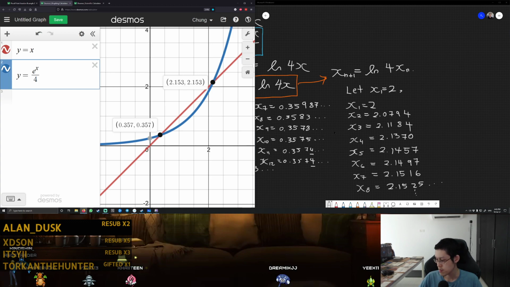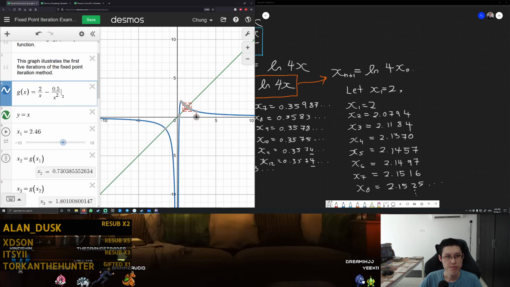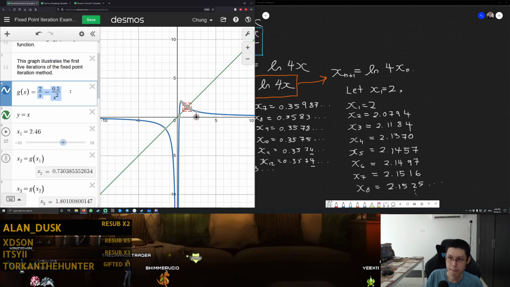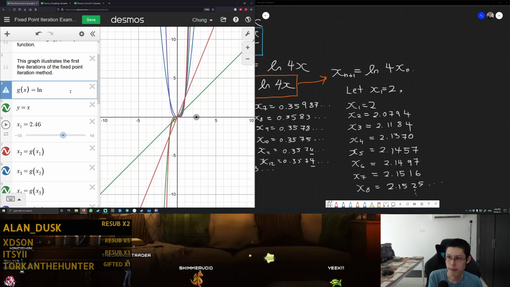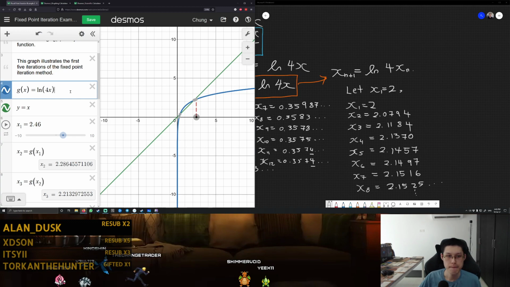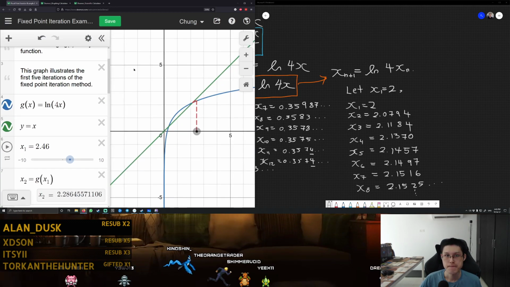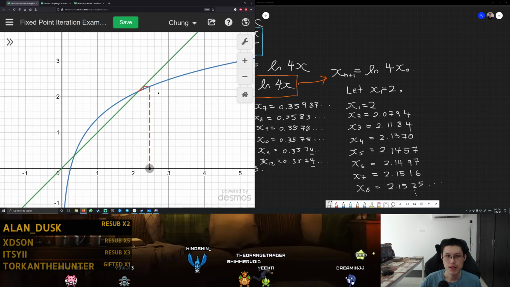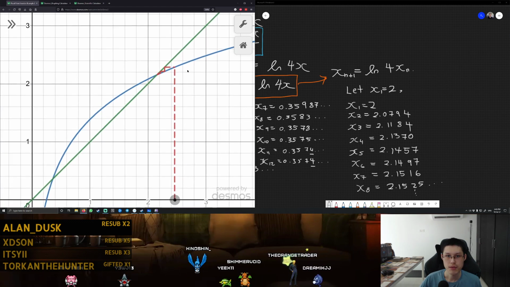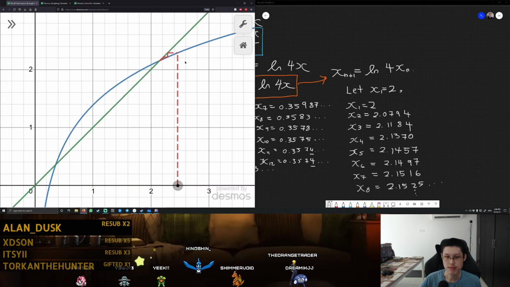Okay, now, what exactly is going on behind the scenes? Not sure whether you can actually see this, but it's really small.